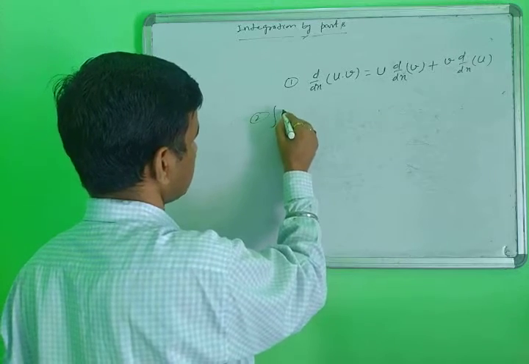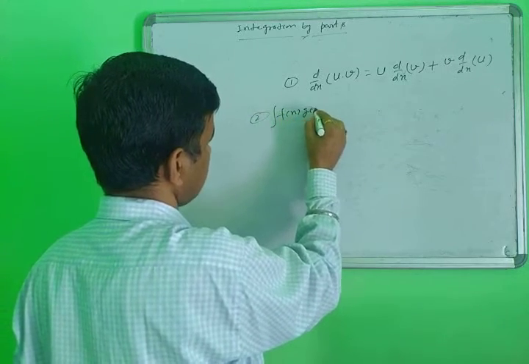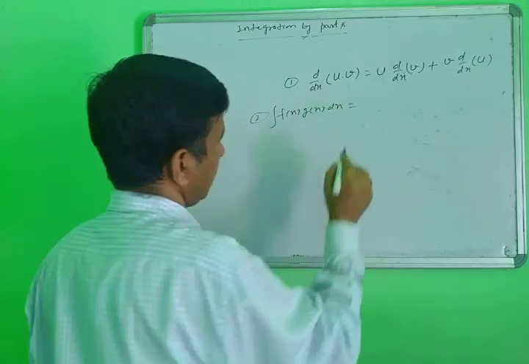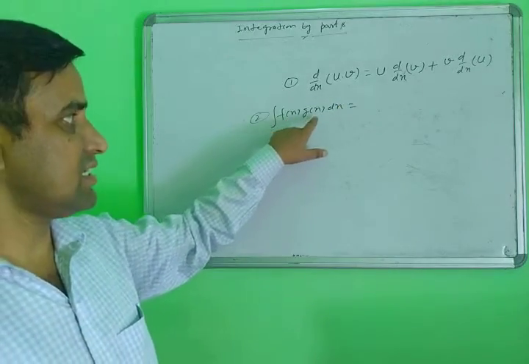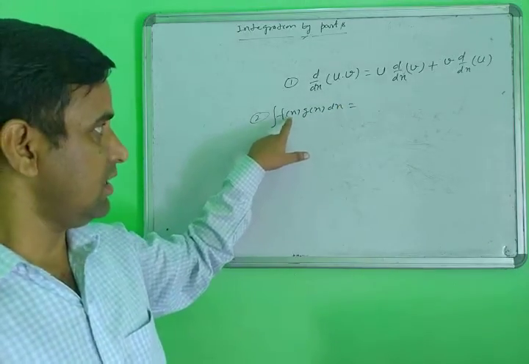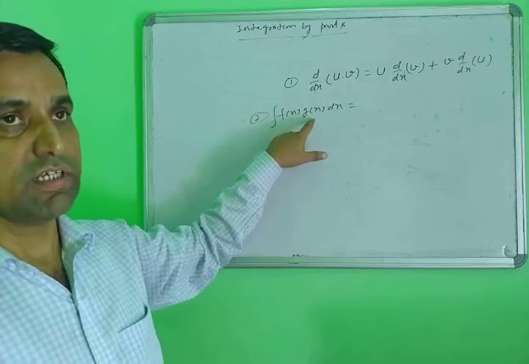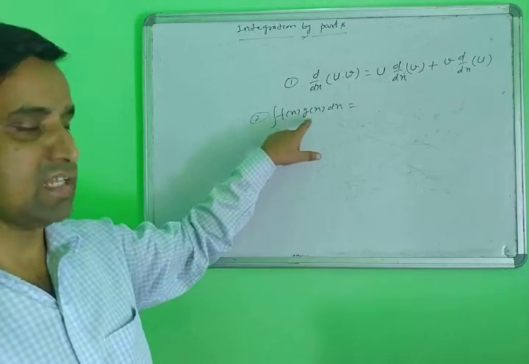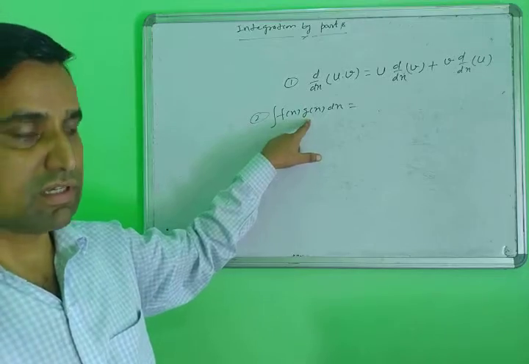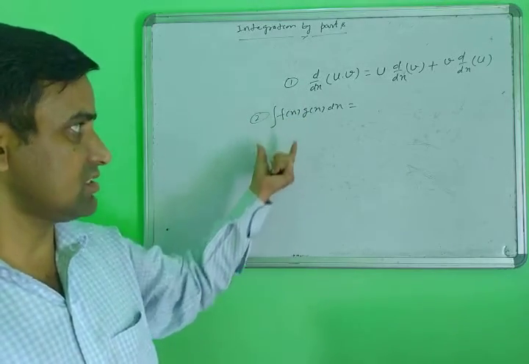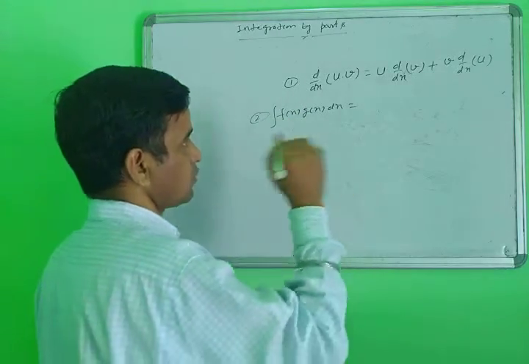Suppose you have two functions f(x) and g(x) in the integration form, any two functions: trigonometric, algebraic, inverse, exponential, any type of functions. So how to solve this question?